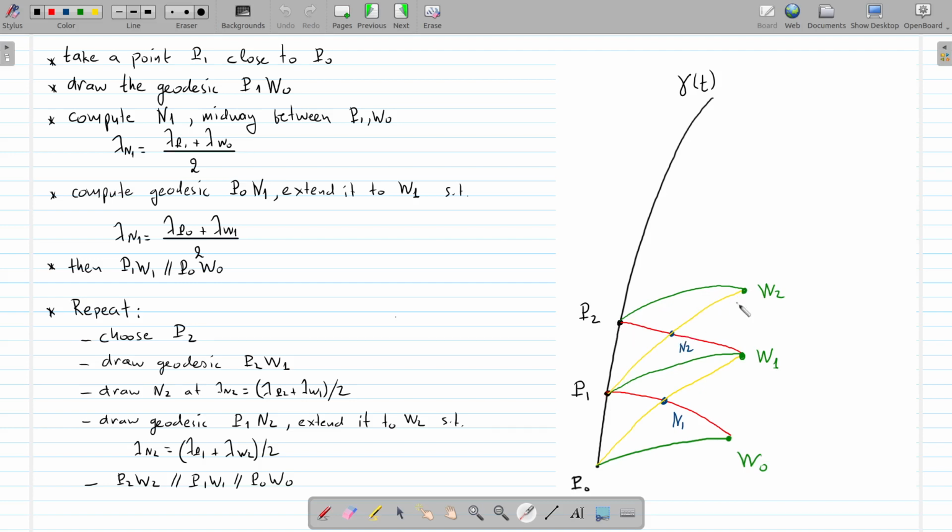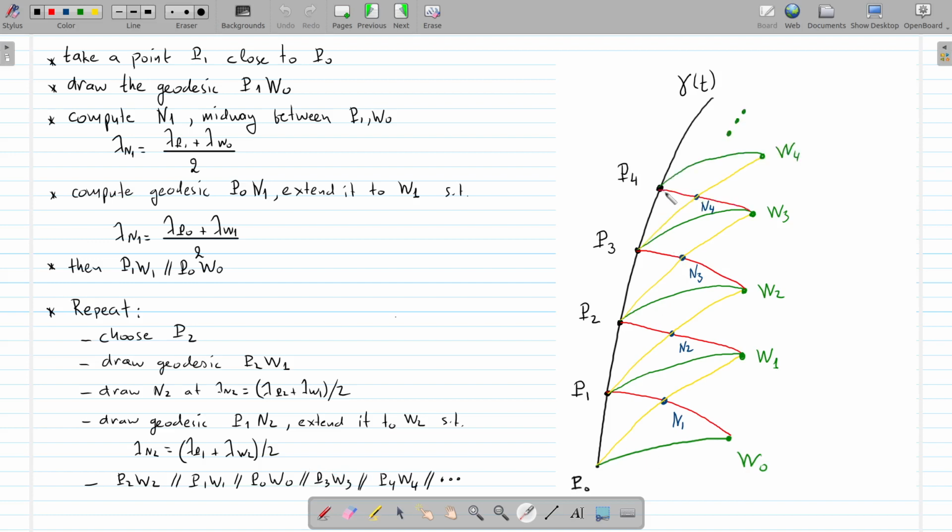Then P2W2 is parallel to P1W1, and P1W1 is parallel to P0W0, so P2W2 is defined to be parallel to P0W0. And continue. Choose a point P3, define P3W3, which is parallel to P0W0, then repeat for P4, and so on as many times as you want.